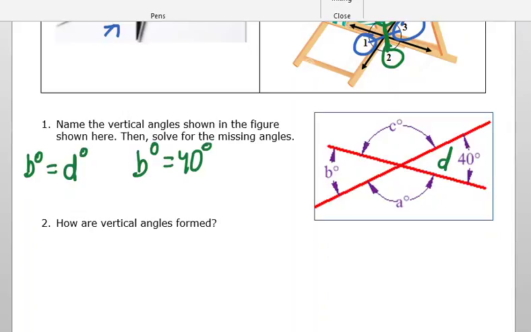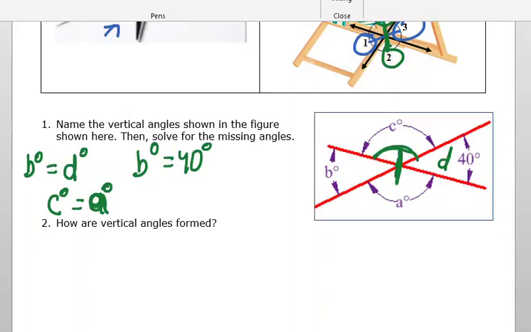Okay. I also know that angle C, because these are opposite, is equal to angle A. And the question here is, what is the measurement of angle C and angle A?